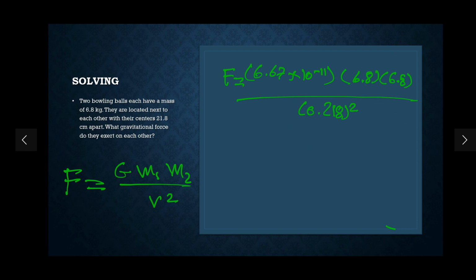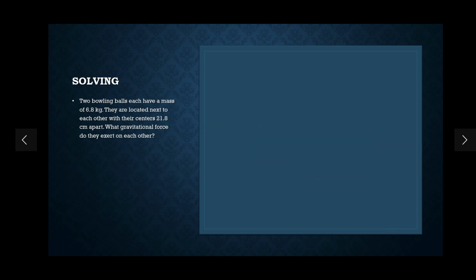Why did we put 0.218? Because we converted 21.8 centimeters to meters. So that results in 6.5 times 10 power of negative 8 newtons. A relatively small gravitational force, but it still exists.